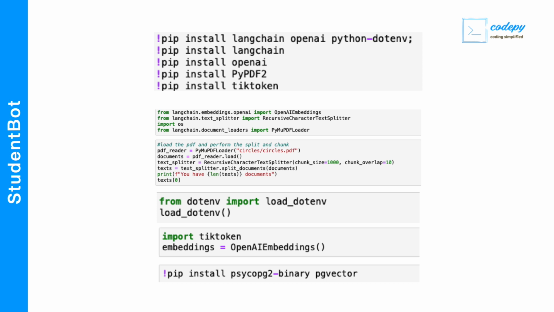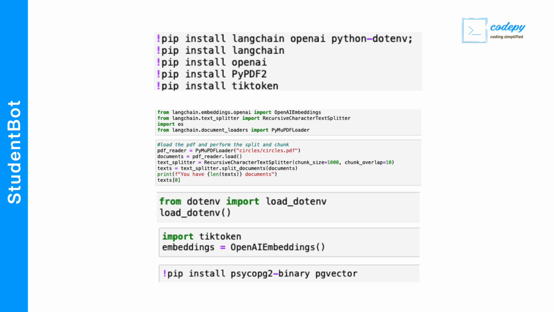PyMuPDFLoader is from Langchain. So from Langchain text splitter, RecursiveCharacterTextSplitter is a very important package. From Langchain document loaders, import PyMuPDFLoader, which is a very important function.